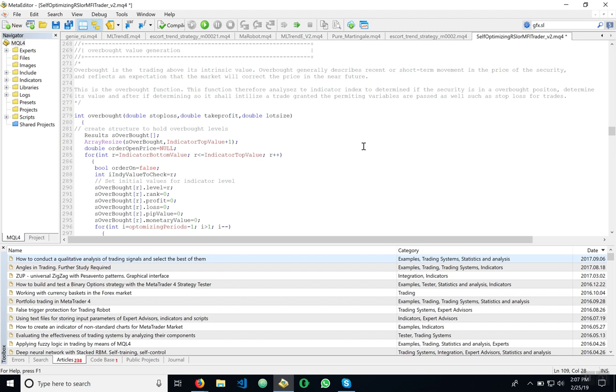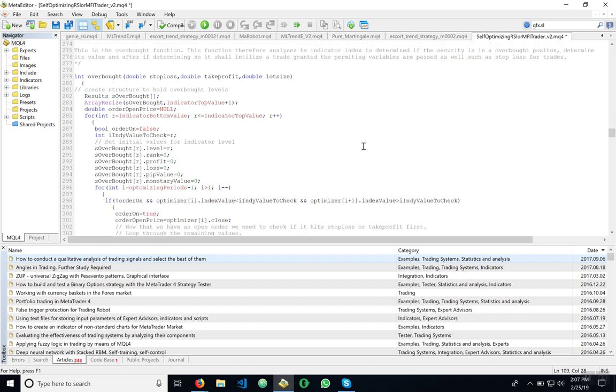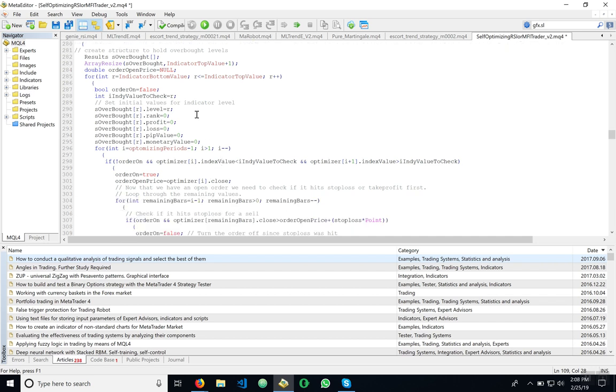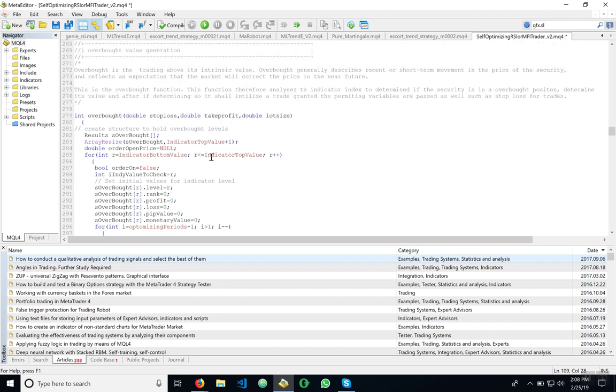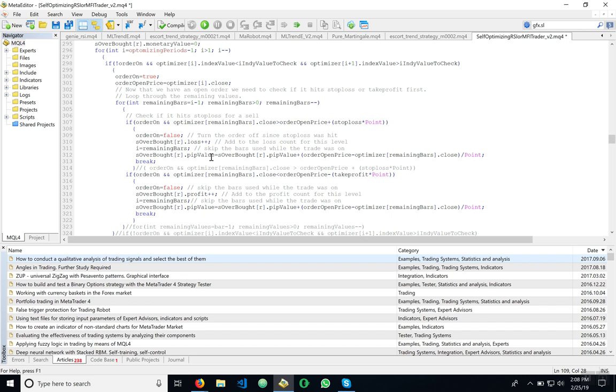Granted, other permitting values such as remaining money is available, or there isn't a stop loss available, etc. And so it creates a structure at first, as we can see here, to hold overbought levels. It sets the initial values and ranks per overbought sections, and it then looks to see if there's an open order, and it checks to see if there's a stop loss or take profit first. It needs to check these variables before making trades.